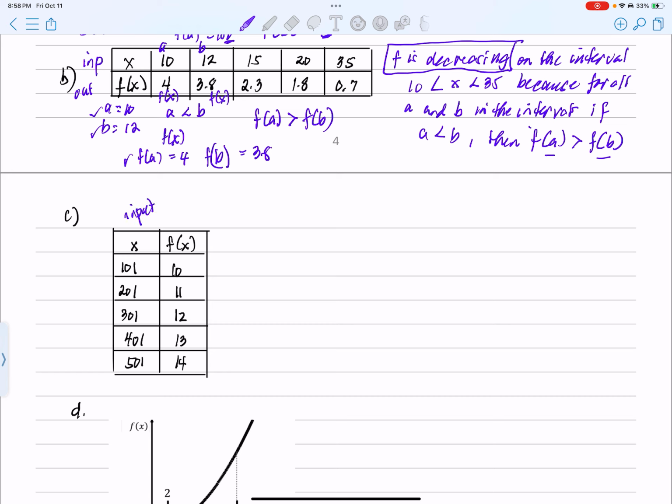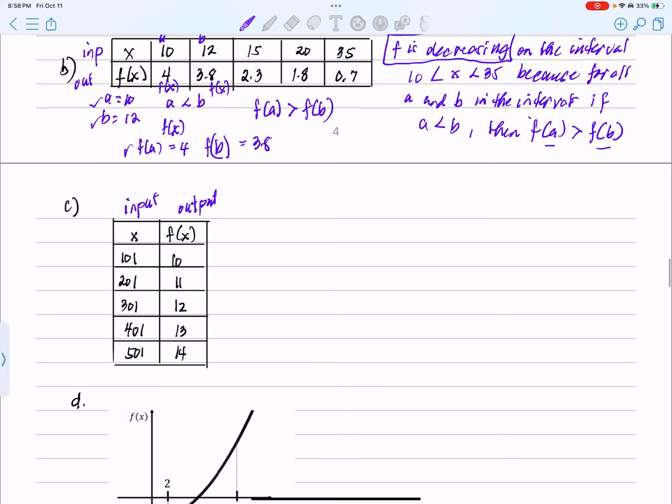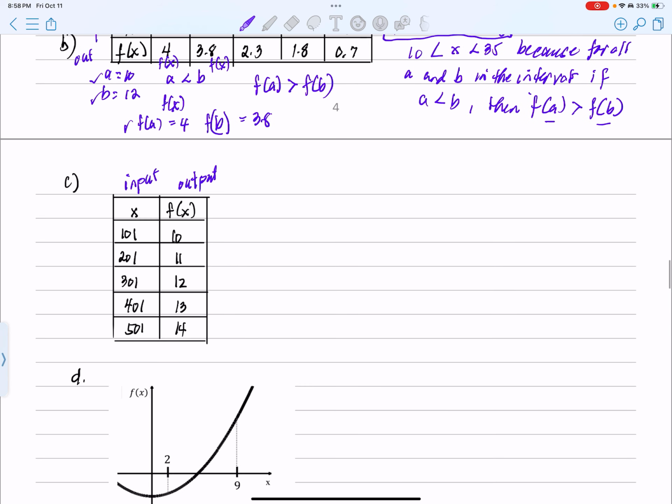Input on f of x is the output. So the x is the input and this is the output. Right there. Is one from 101 to 501, it is increasing. Okay, increasing.